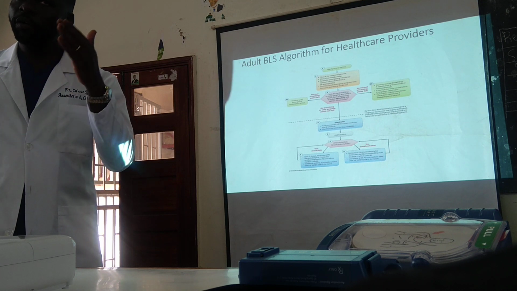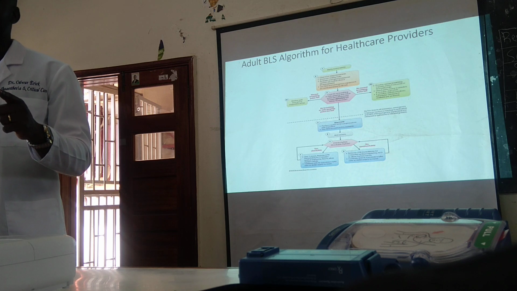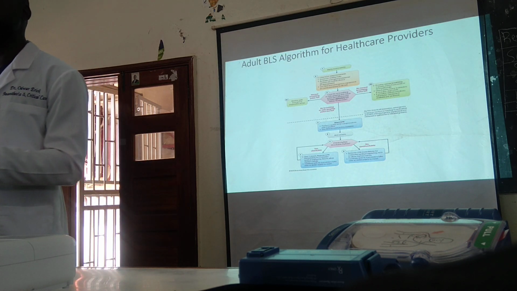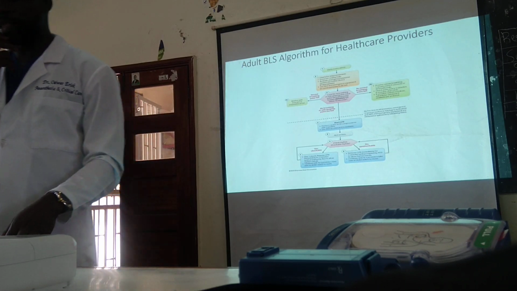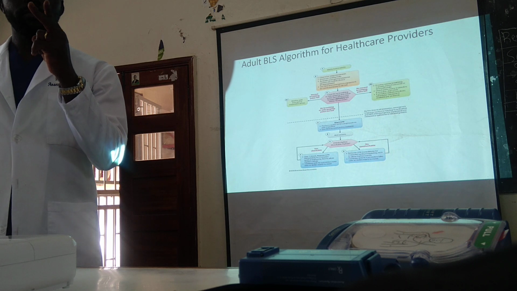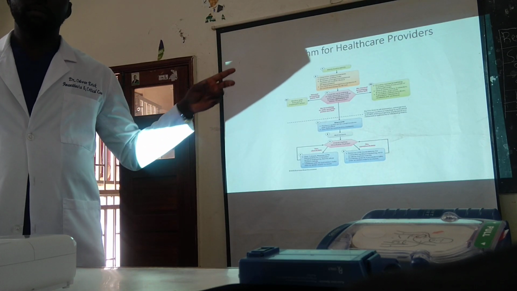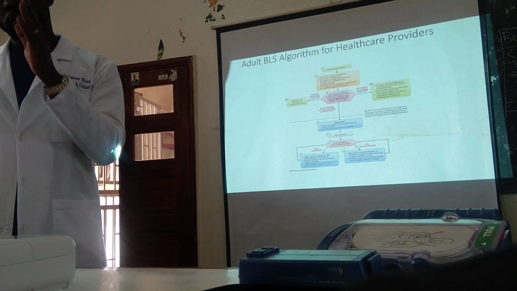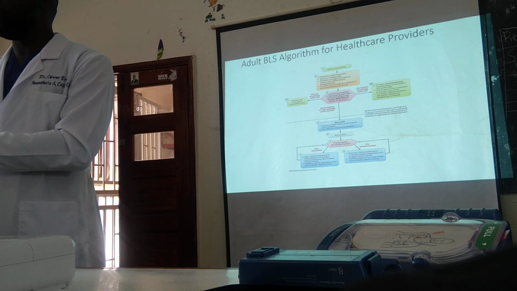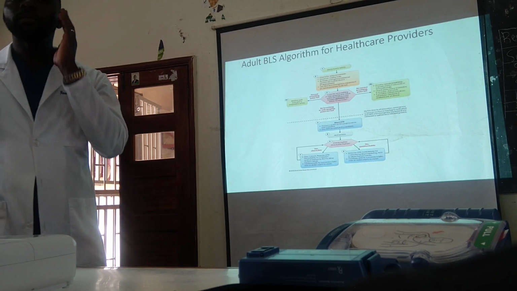If the airway is patent and the breathing is abnormal, make sure you secure the airway by maintaining it patent, so the patient does not lose it. But just to make the difference: patient is unconscious, go with BLS. Patient is conscious, go with primary survey, ABC. Then later on, secondary survey. That's what it is.